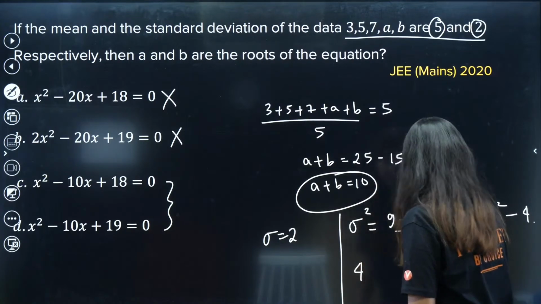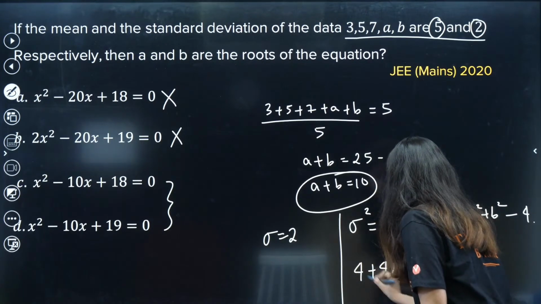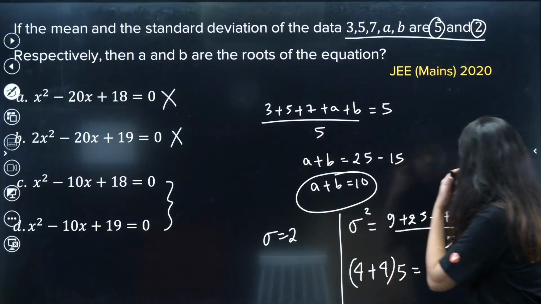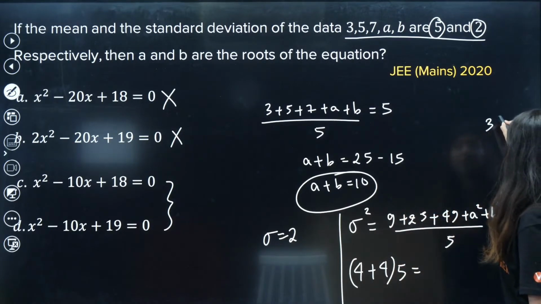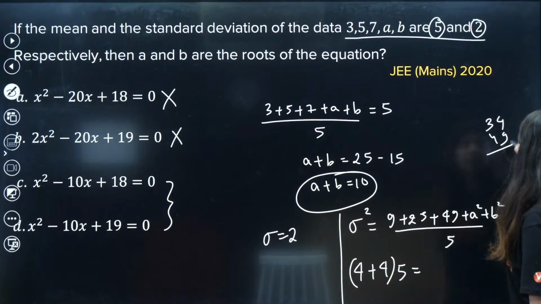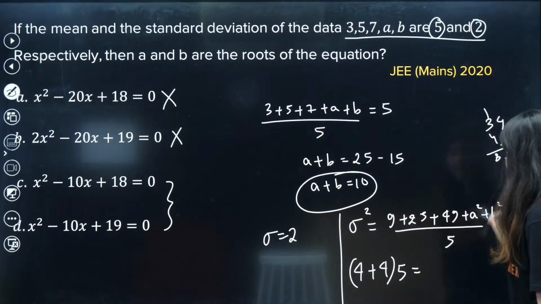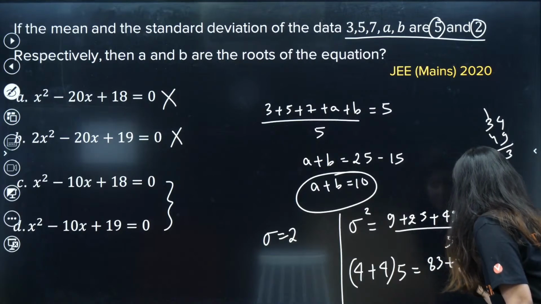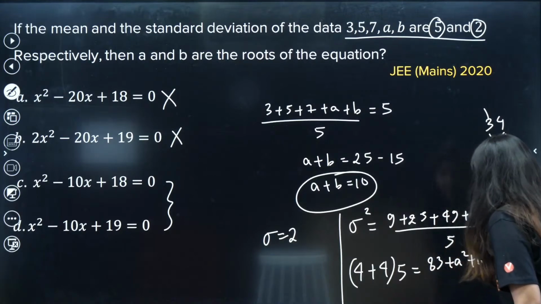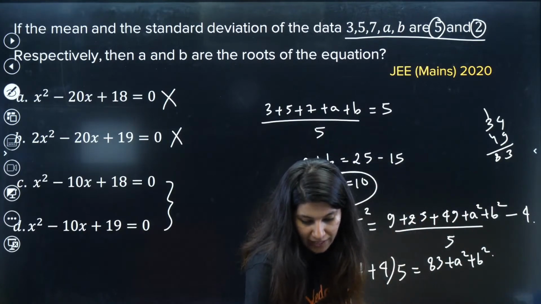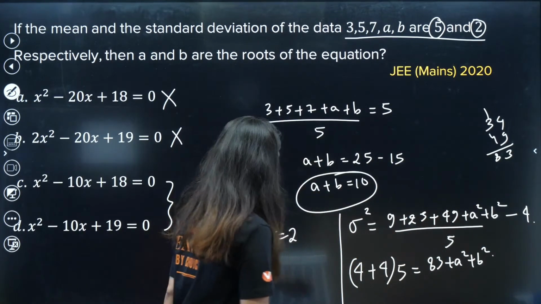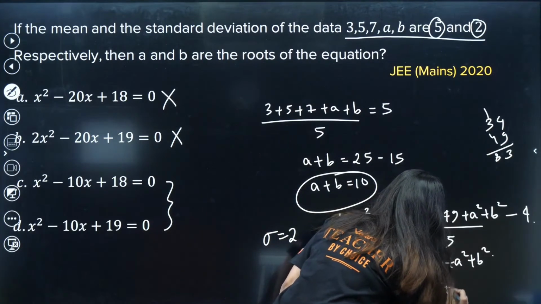So 4 plus 4, 8, into 5 is equal to, 25 plus 9 would be 34, plus 49 is 83. 83 plus A square plus B square. Right? If you calculate it, you will get A square plus B square as 62.